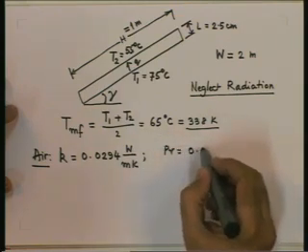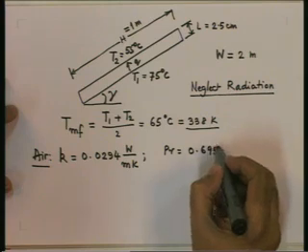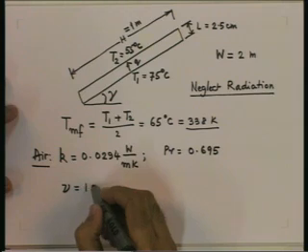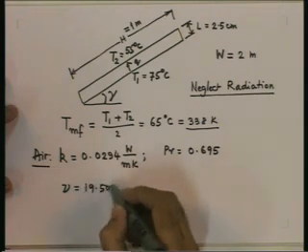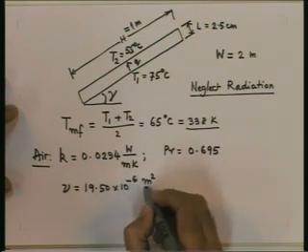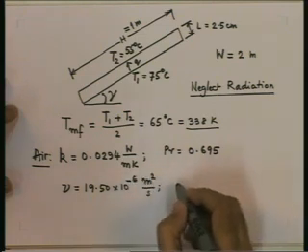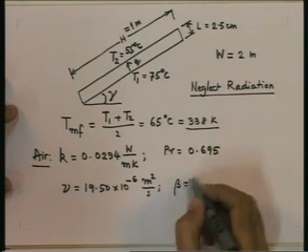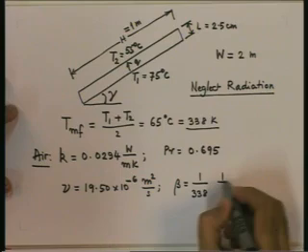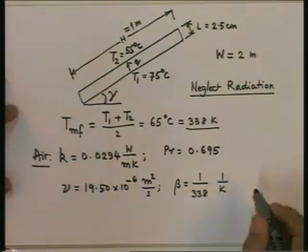Prandtl number is 0.695. Kinematic viscosity 19.50 into 10 raised to minus 6 meters square per second. Beta is 1 over 338 per Kelvin.